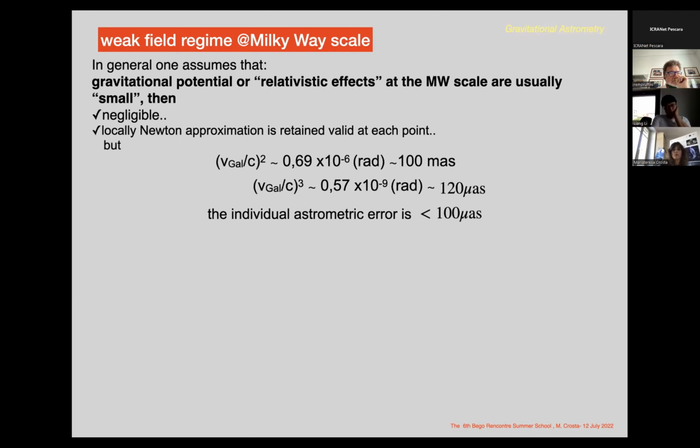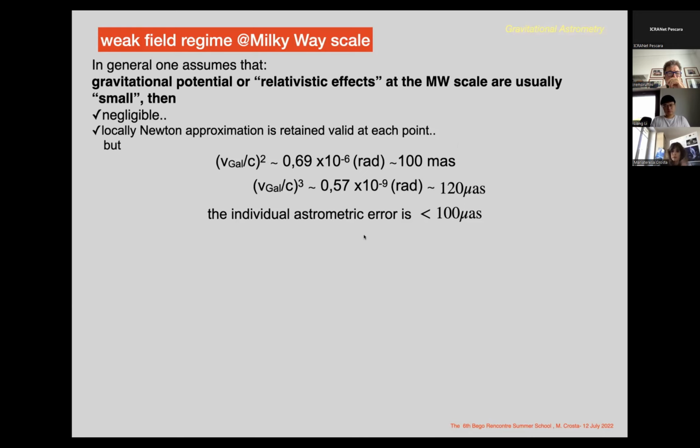But if we apply a post-Newtonian metric to the galaxy, as we did in the solar system, we see that the off-diagonal term, for the typical velocity of galaxies, is about 120 microarcseconds. So this is well contained. The individual astrometric error is 100 microarcseconds.